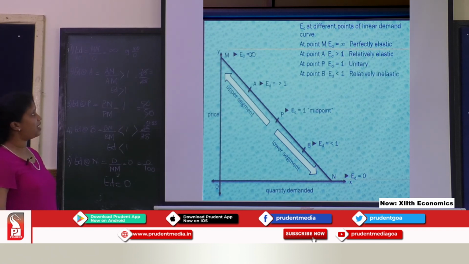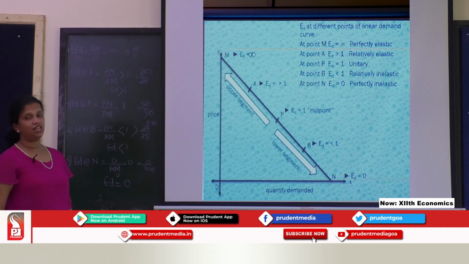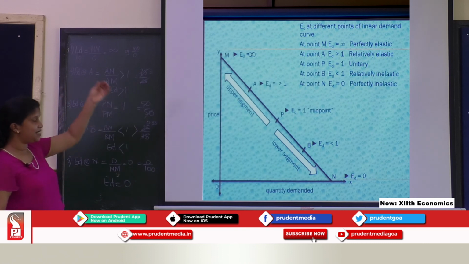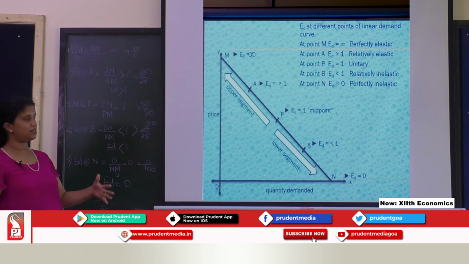So these are the 5 types of elasticities as shown on a straight line linear demand curve. And we have proved why it is infinite, why it is 0, why it is greater than 1, why it is 1 or why it is less than 1 at every point on a demand curve.